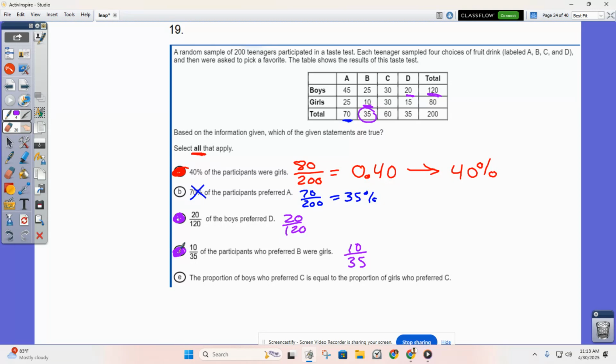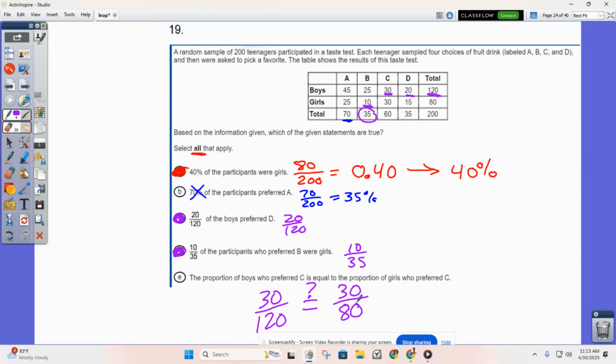And the last one says the proportion of boys who preferred C is equal to the proportion of girls who preferred C. The boys with C, I have 30 out of 120 boys. Is that the same as the girls, which were 30 out of 80 total girls?